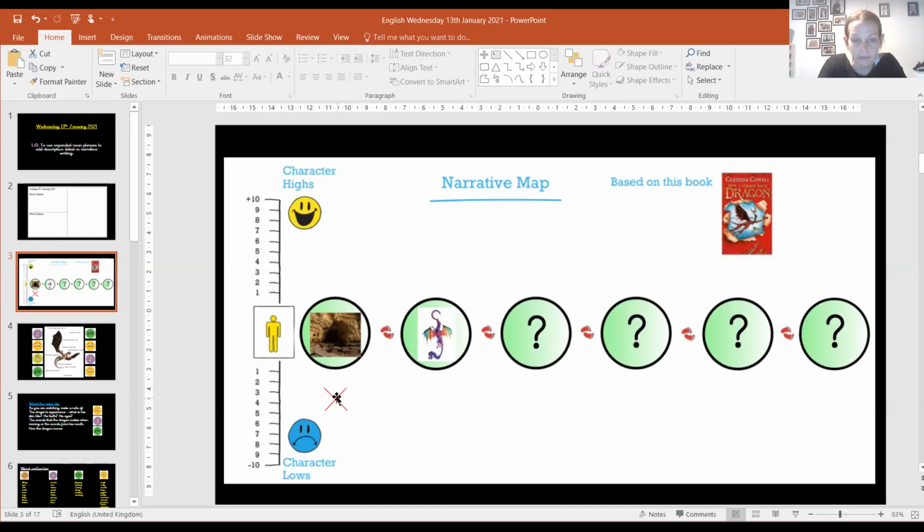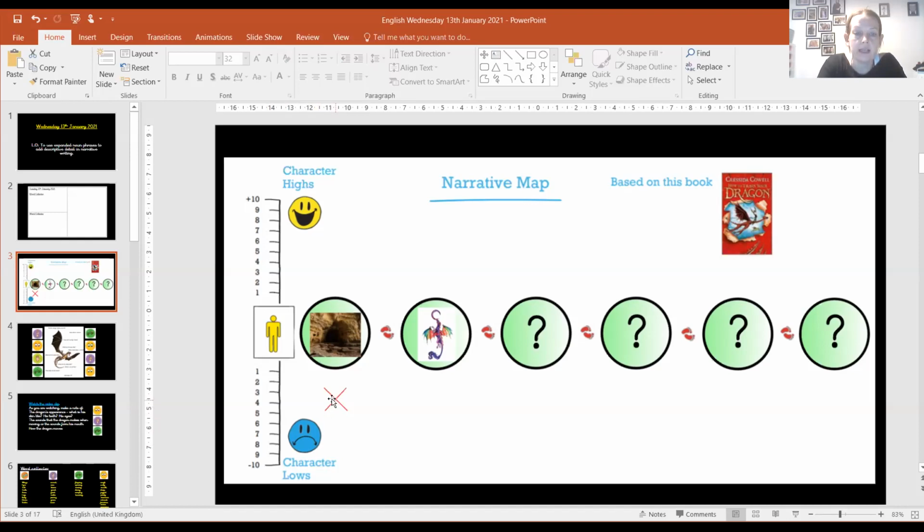Down here, this is often on the wall in the classroom, we use these crosses to show where in the story, if it's a high or a low of the character. So we've got our cross around about 4 on the negative side of the narrative map.